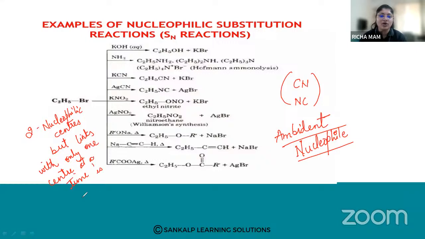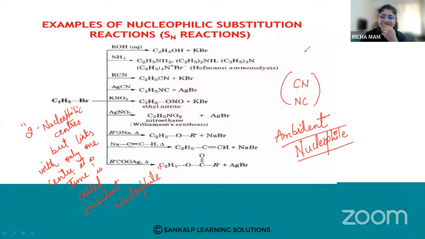So an ambident nucleophile is a nucleophile which has two nucleophilic centers. Suppose here you can see CN and NC.